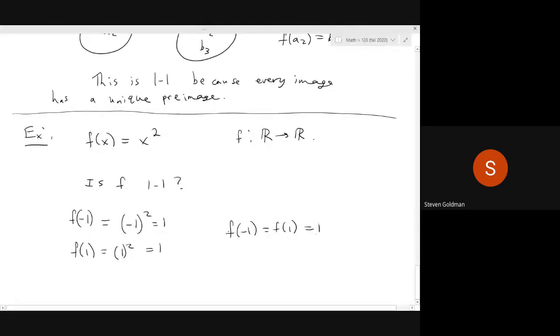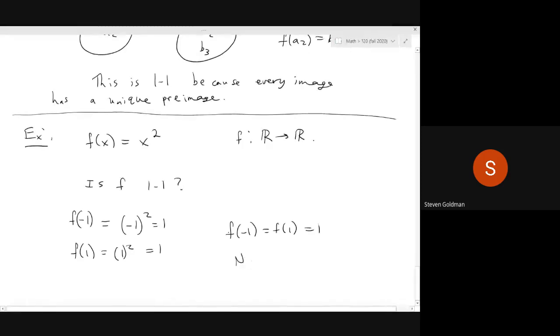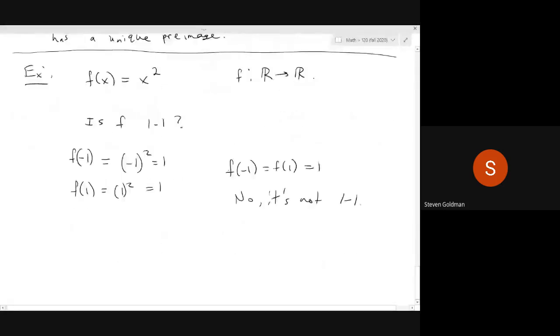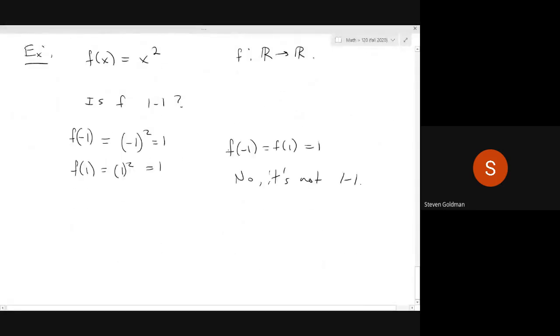I have an image, 1, which is an element in my codomain, that has two different pre-images, -1 and 1. Therefore, this is not one-to-one. All right.